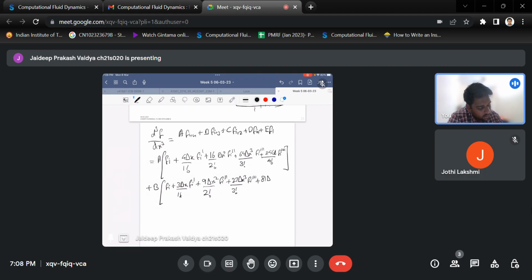There will be a delta x raised to 4 by 4 factorial times fi quadruple dash.